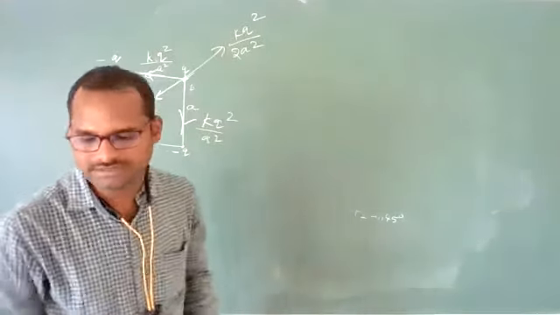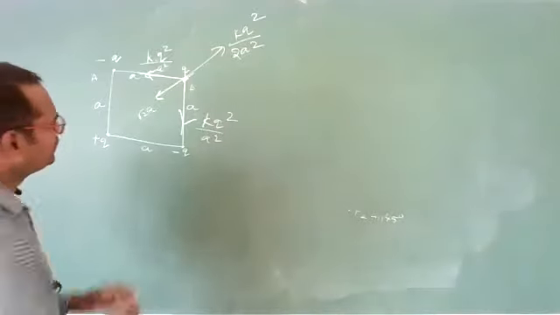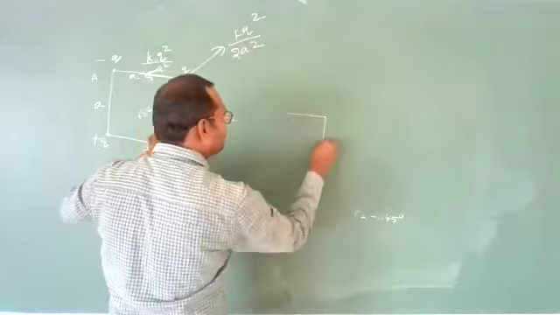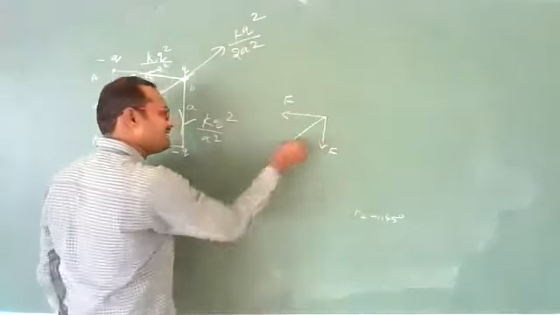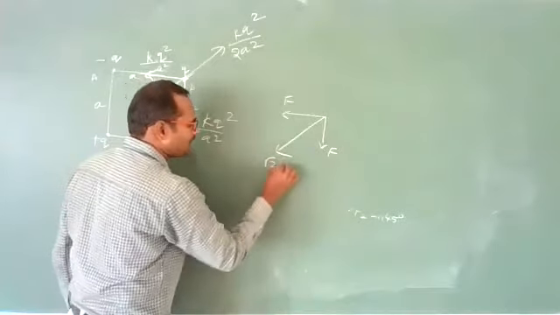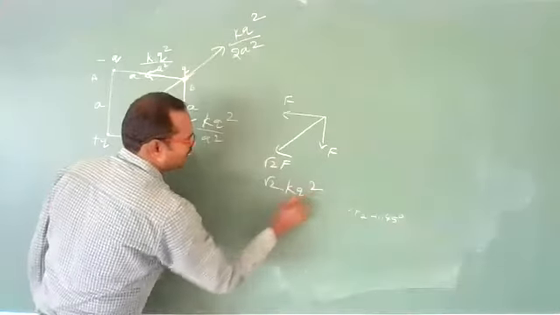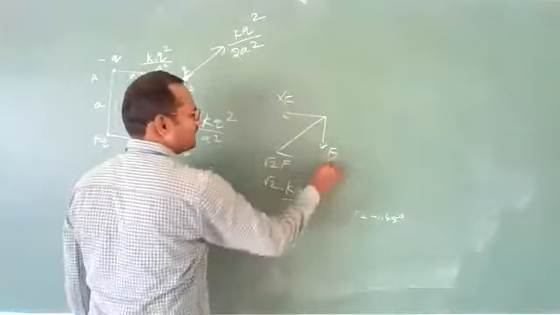Are you getting it, students? Clear? Take this value as f. These two are perpendicular to each other. This is f and this is also f. The resultant of these two is in this direction, that is root 2 times f. Root 2 times f value is kq square by a square. However, now these two are not there.